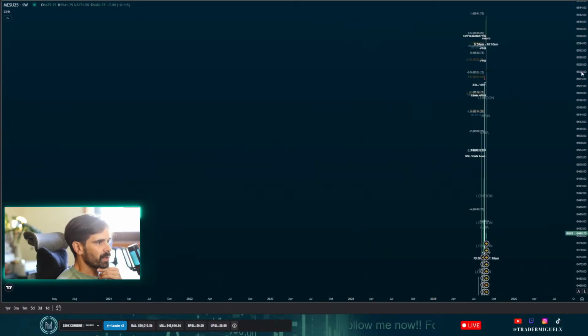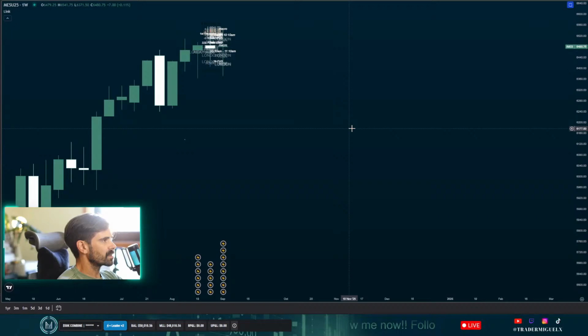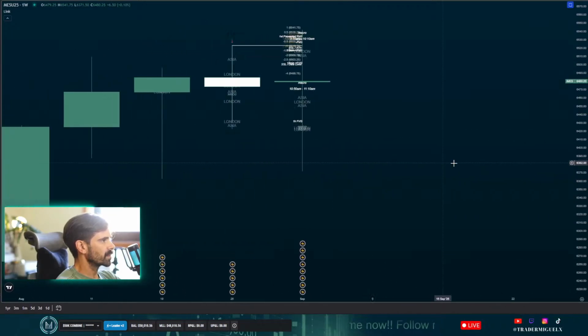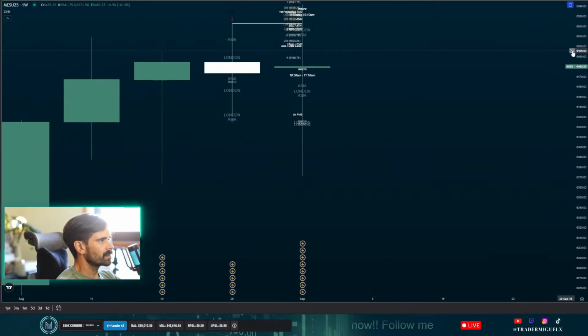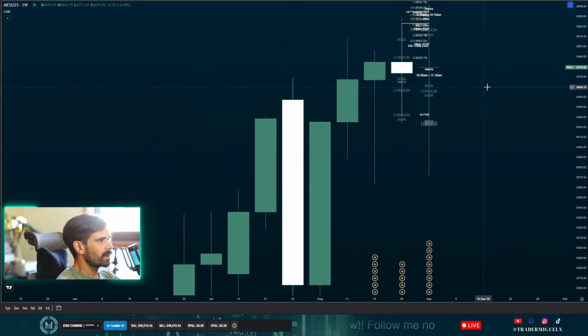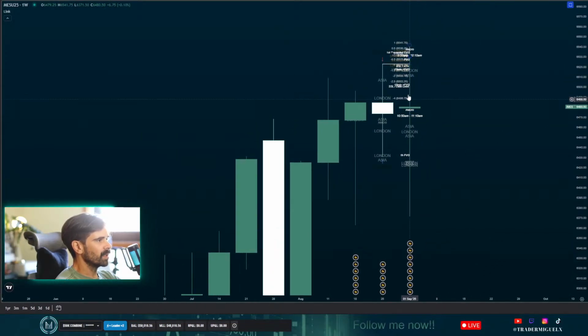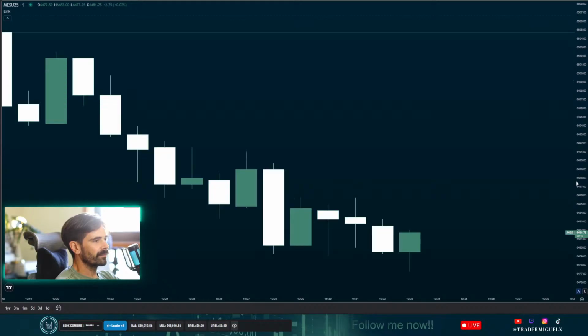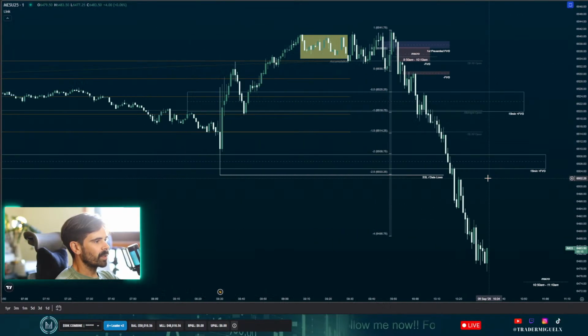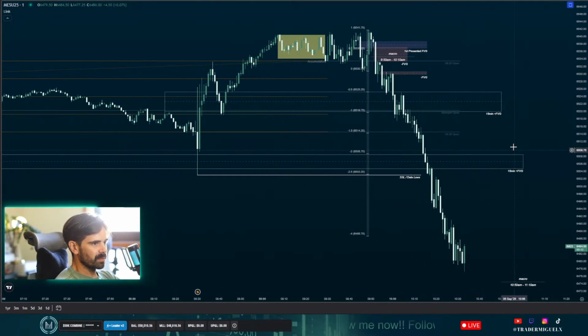Let me just check one thing here. This is a little bit messy, but yeah, this is the weekly. I'm just looking at the weekly candle to see how it's starting to present itself. Yeah, we might end up retrace a little bit higher, but that's not sure for sure.